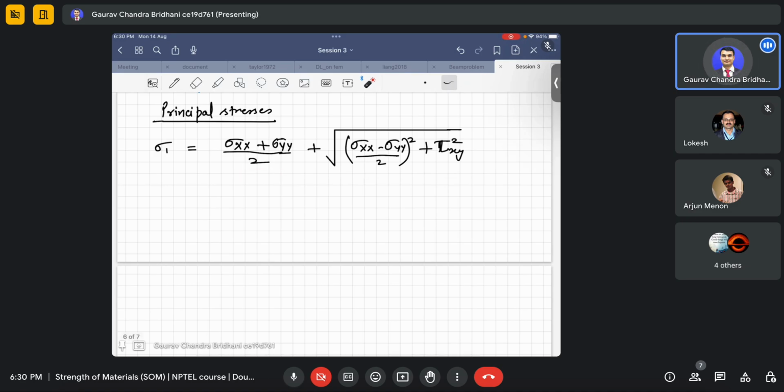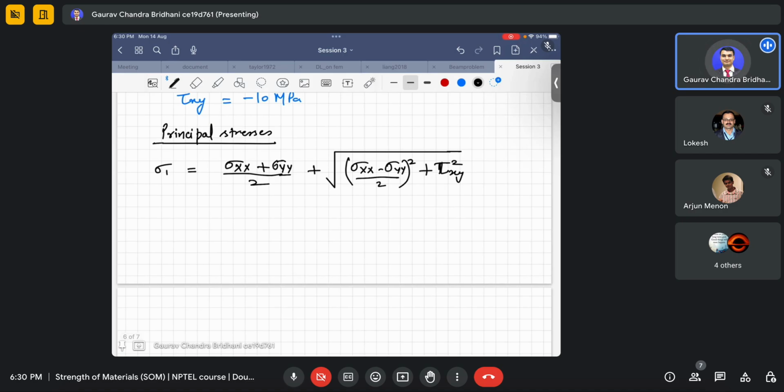So we know these 2 values and can directly substitute. Sigma xx plus sigma yy by 2 is 12.5, and the value of the radius comes out to be 38.8104. If we add these 2 quantities, we will get 51.3104 MPa.